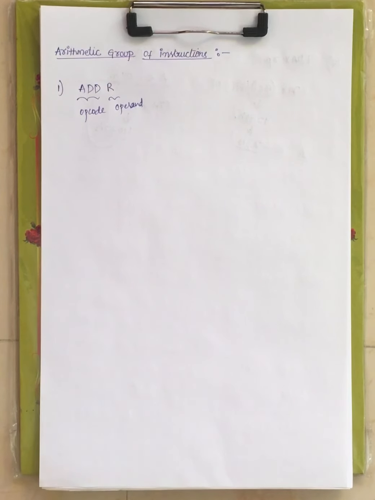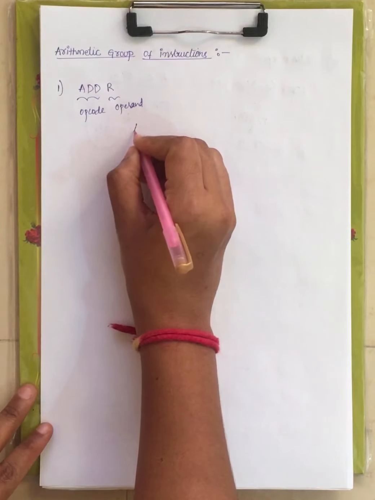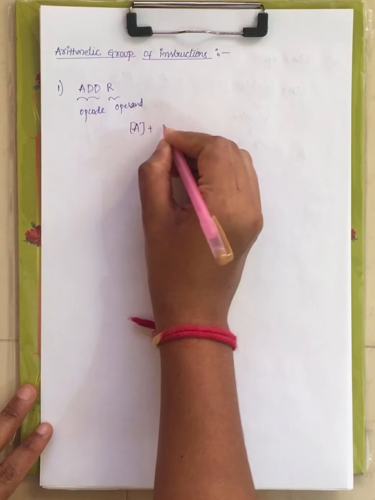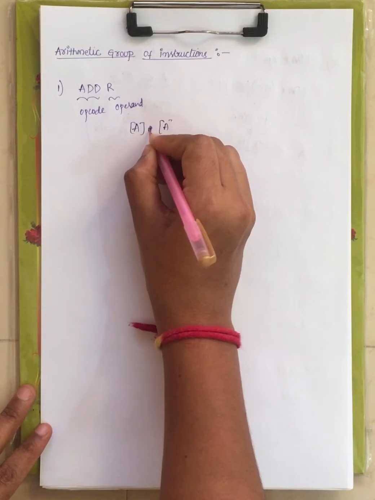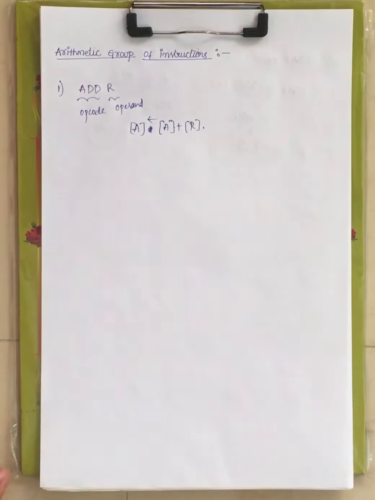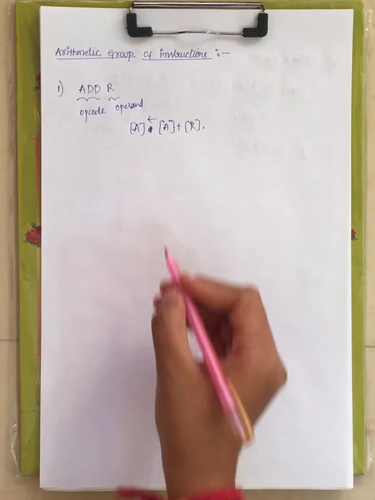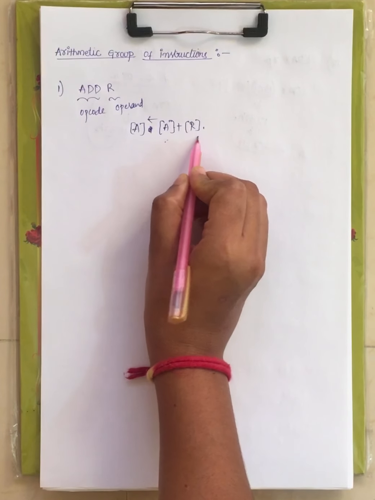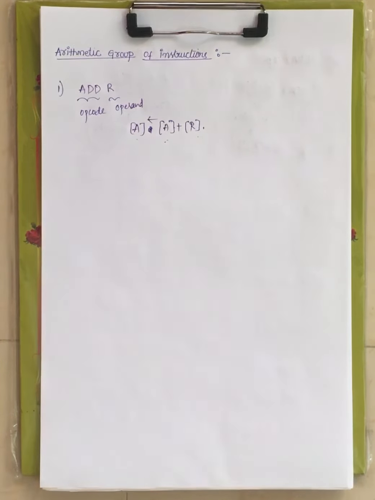Now the contents of the accumulator are added with the contents of register r, and the result is stored in the accumulator register itself. This is the first instruction, ADD r: the contents of the accumulator are added with the contents of register r, and the result is stored in A.